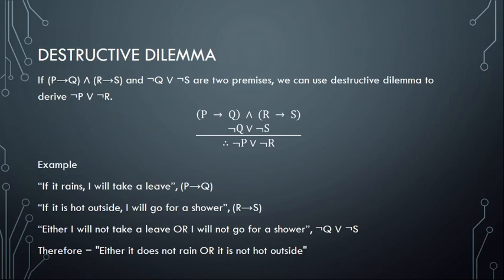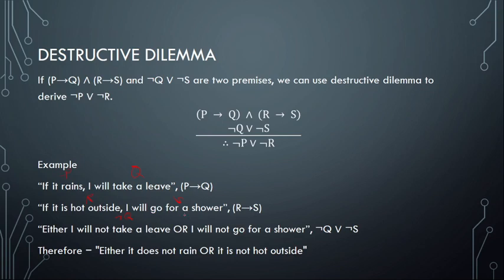Here, if P, if it rains, Q, I will take a leave. If it is hot outside, R, I will go for a shower, S. Either I will not take a leave, since Q is negated, or, the connective, I will not go for a shower.